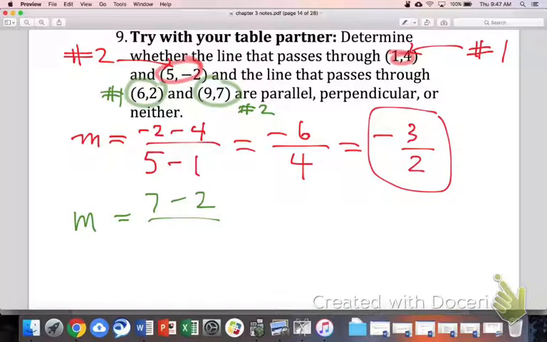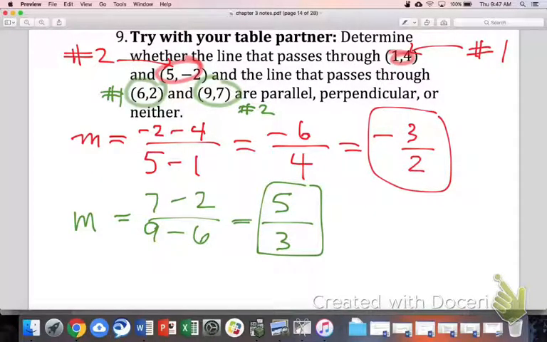So that's my y2 minus my y1. So if that's my y2 minus y1, Sadie, what would be my x2? 9. And then 9 minus 6 would be minus my x1. Good job. Okay, so as we evaluate this, what do we get?